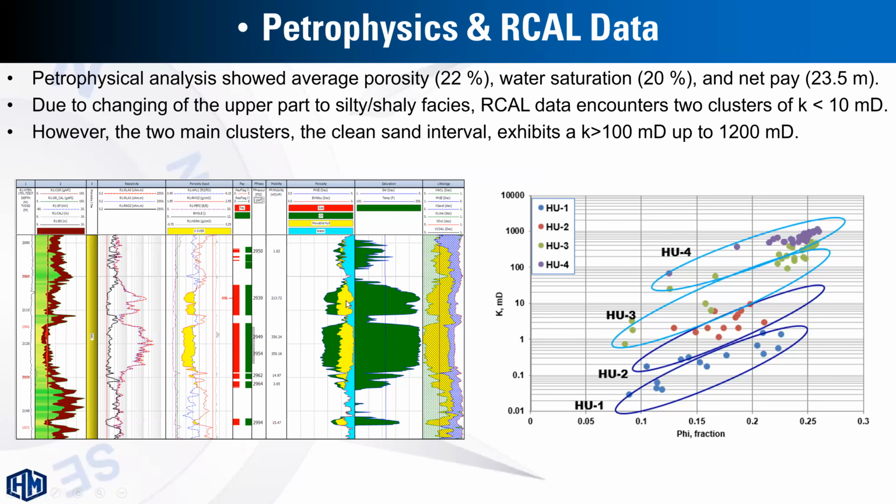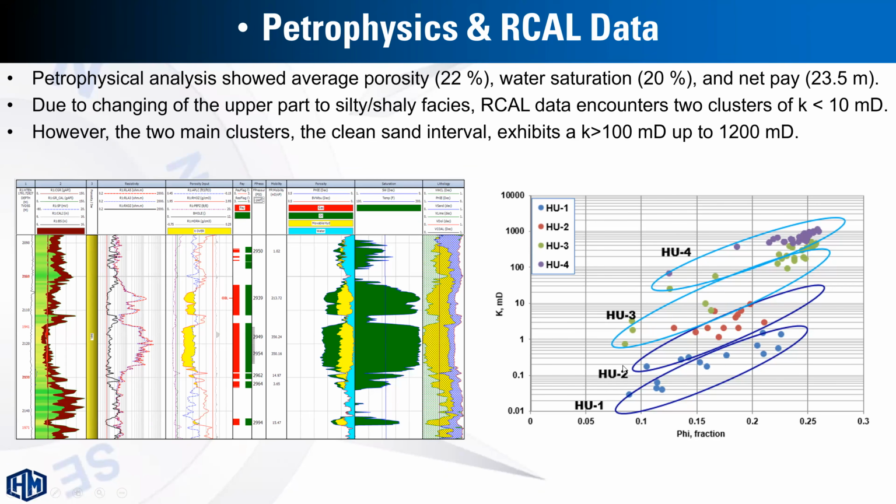Also, the integration between routine core measurements and petrophysics is very important, and must be calibrated using the core data. So in this reservoir, as you can see, we have high quality sand for these two bars, which are hydraulic unit number 4 and number 3.